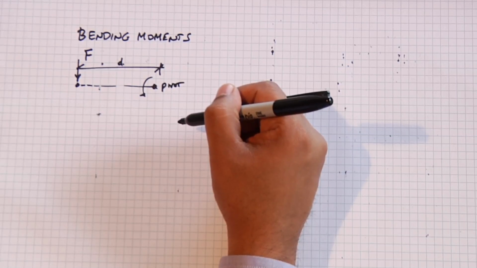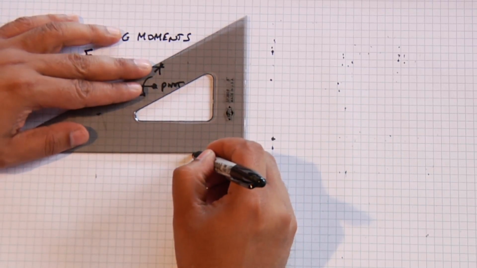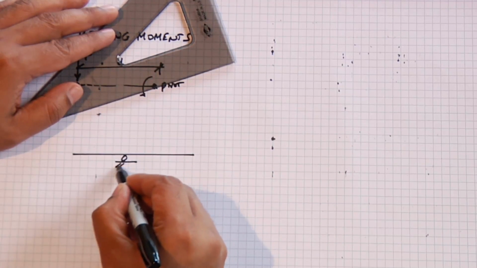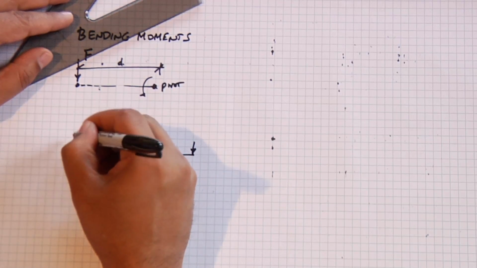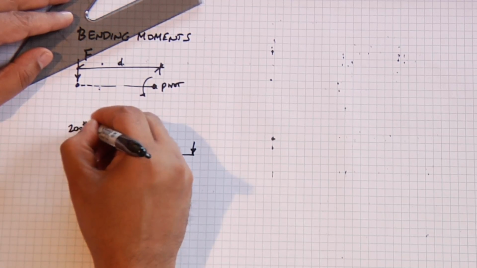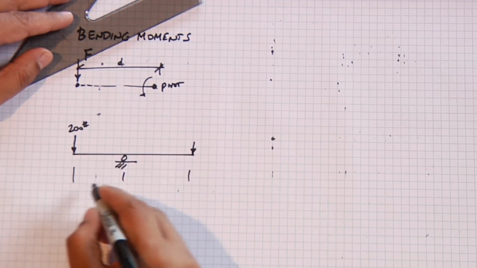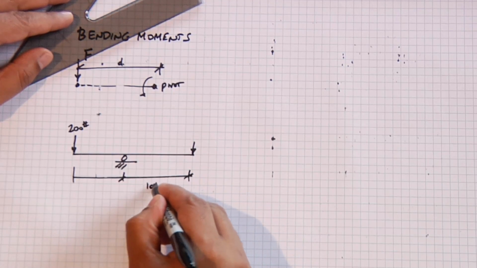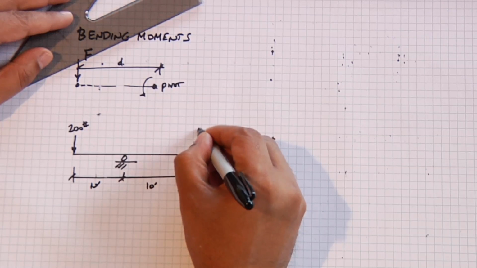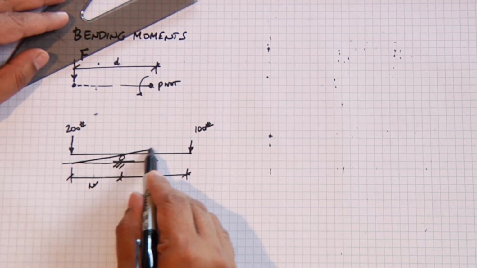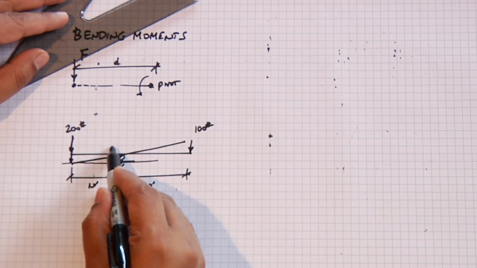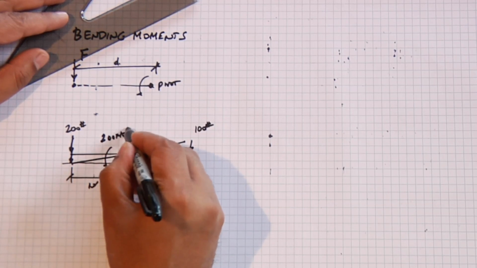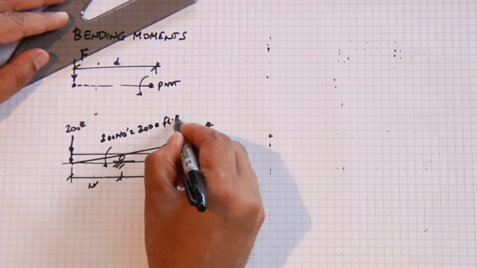The best example to understand bending moments is to think about a seesaw. When you have a seesaw, you have a person on one side and a person on another side. If the person on one side is 200 pounds, and we'll put some dimensions in here, let's say that our seesaw is 20 feet long and each side is 10 feet, and the person on this side weighs 100 pounds, what's going to happen is the seesaw is going to tilt because the load from the 200-pound person produces a bending moment of 200 times 10 feet, or 2,000 foot-pounds.